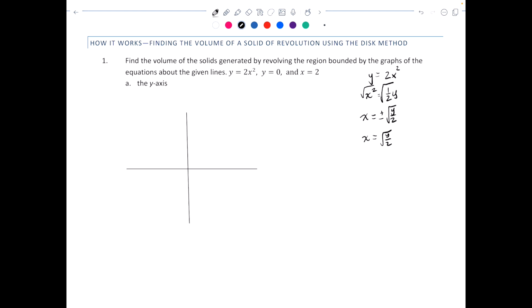Now, when x is 2, y is going to be 2 times 4, so that'll be up at 8. So I'm thinking that we may want this to be 10.